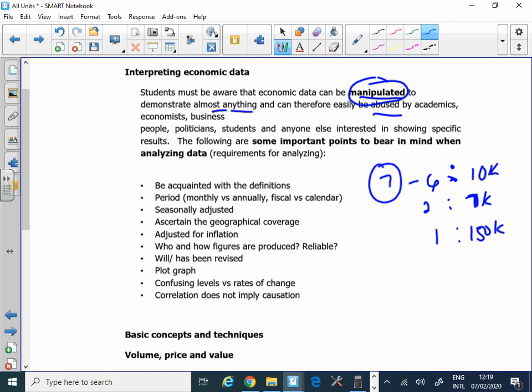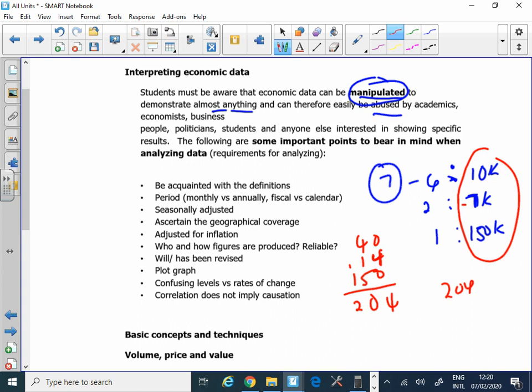Obviously, this data can be distorted. If I want to make it seem as if the people are getting a lot of money, I'm going to simply average all of these people. The first 4 would be 40K, plus 7 times 2, that's 14, plus 150. That gives me 204.